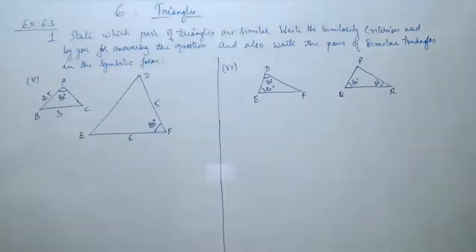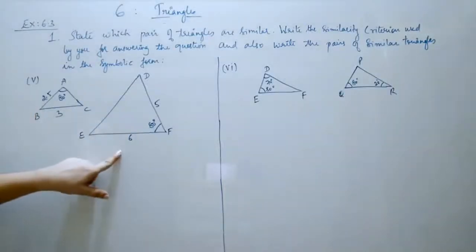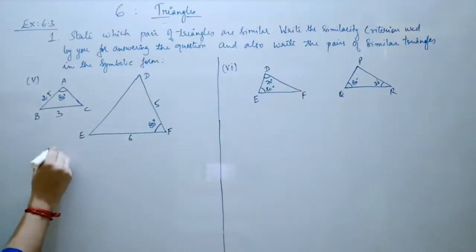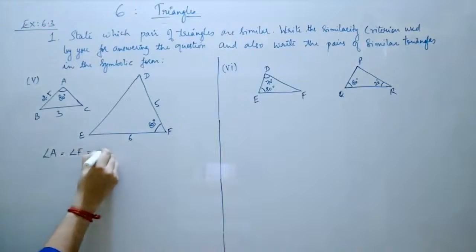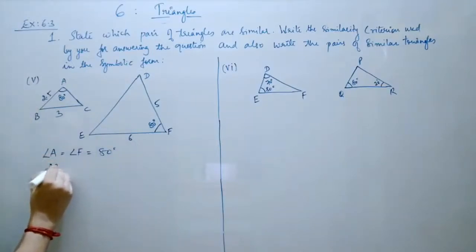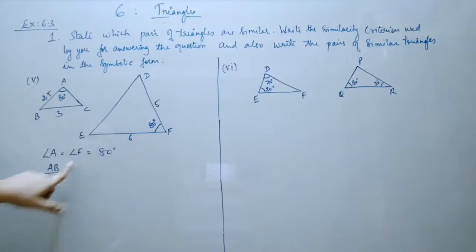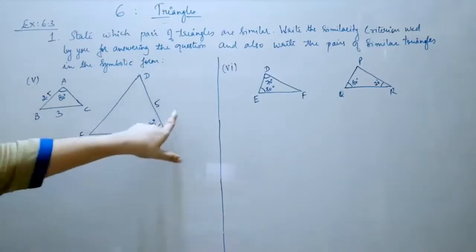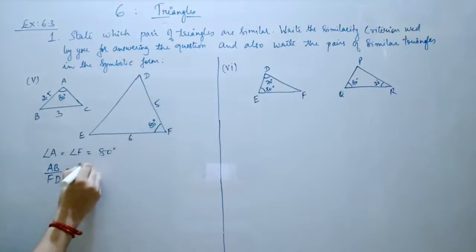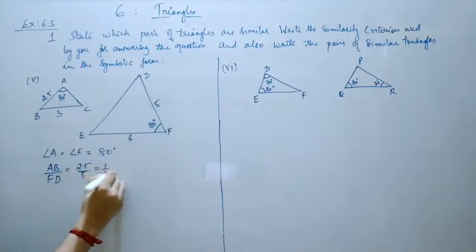Okay. Now the fifth subdivision: you have been given two triangles in which angle A is equal to angle F, equal to 80 degrees. Now while considering the sides, if I am considering AB, instead of A I need to write F, so it will be FD, which is 2.5 by 5, which is 1 by 2.